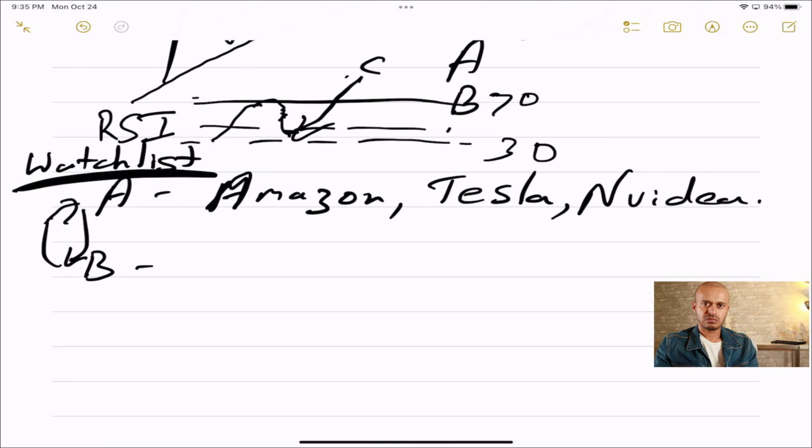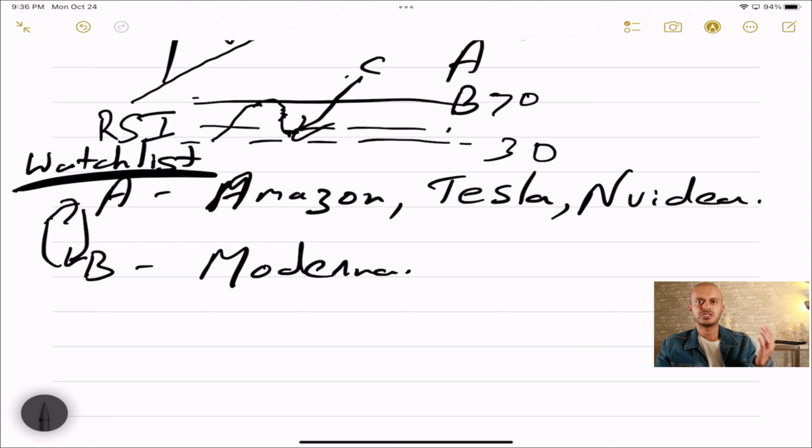So B would be, I'm just going to pick a stock like Pfizer or Moderna, and whatever the stock is based on your criteria, you would then pick it for the week and the next week. And what that does for you is that it gives you a ready list of stocks available to get into the market. So you're not just opening up to the pre-market moves jittering around and getting caught off guard into impulse buying. That'll definitely prevent you from impulse buying into stocks just because of the momentum you see there, because you've already done your homework.